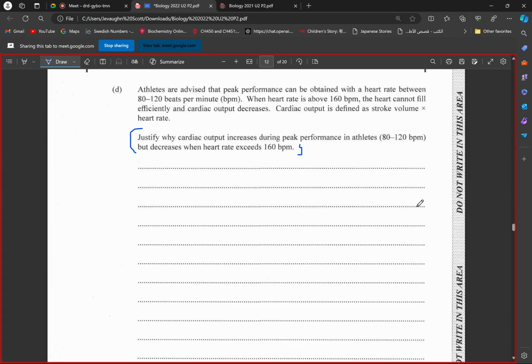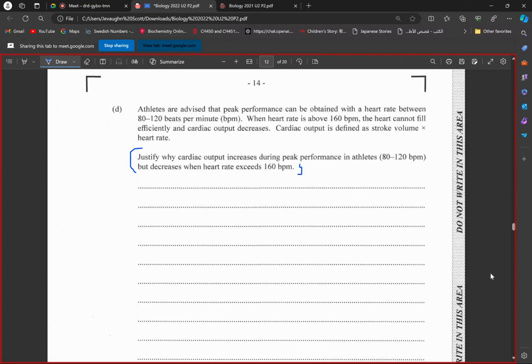Remember, it increases to decrease the amount of lactic acid and carbon dioxide concentration in the blood, etc. And then after a while it will no longer be efficient, as the heart cannot fill efficiently after it reaches a certain beats per minute. So the parasympathetic nervous system will counteract the sympathetic nervous system and start to bring everything back down and try to reacquire proper cardiac output.